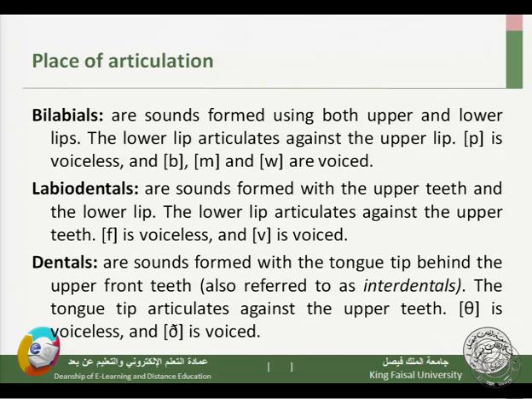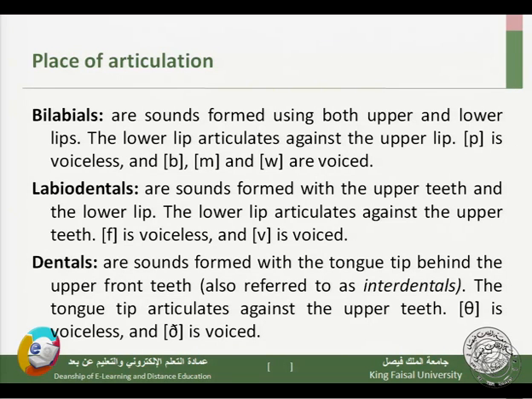You can check this when you practice the labiodentals. Whenever you produce the sound f, make sure that there is no vibration, while when you produce the sound v, there is a vibration. So no vibration, voiceless; with vibration, voiced.